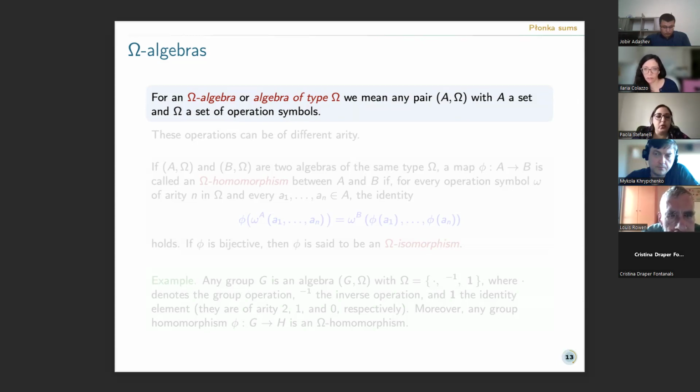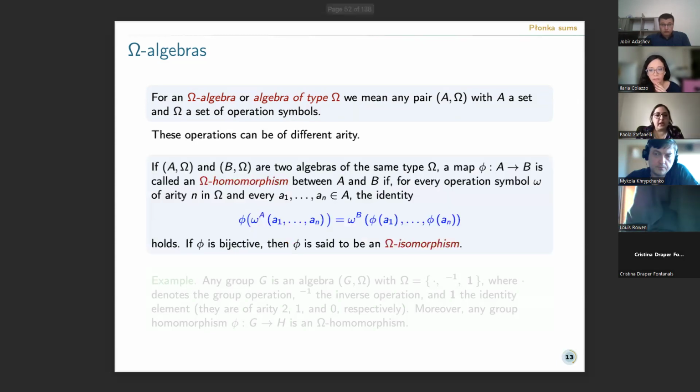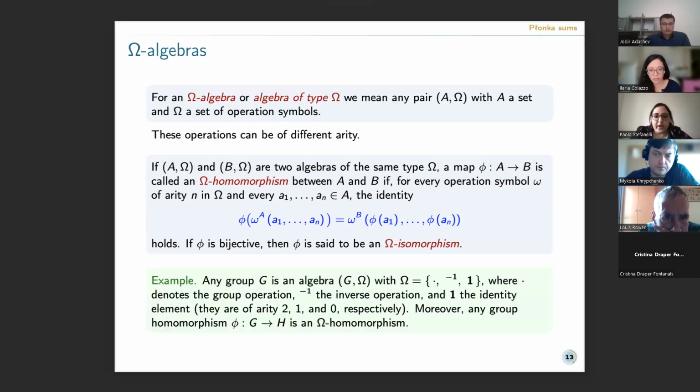If we have two algebras of the same type omega, A omega and B omega, a map phi from A to B is an omega homomorphism between A and B if it satisfies this identity, which is a generalization of the well-known homomorphism between two structures endowed with binary operations, essentially. If phi is bijective, then phi is also said to be an omega isomorphism.